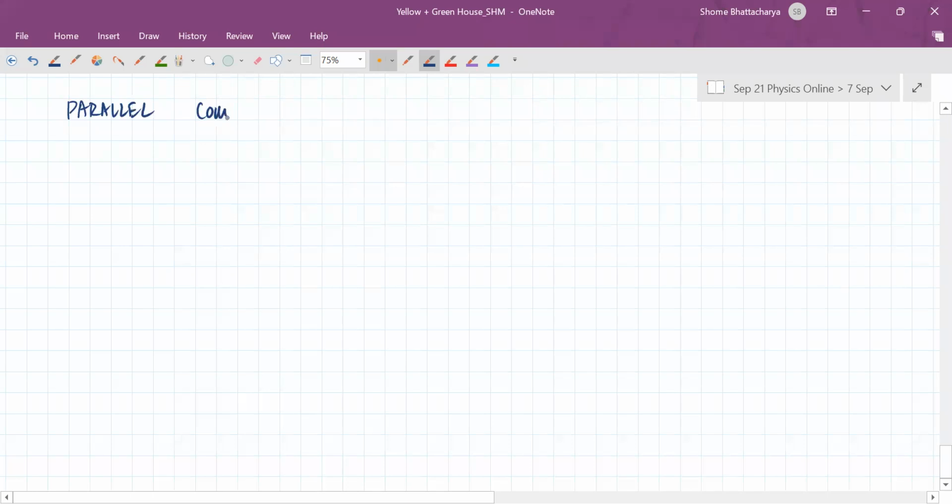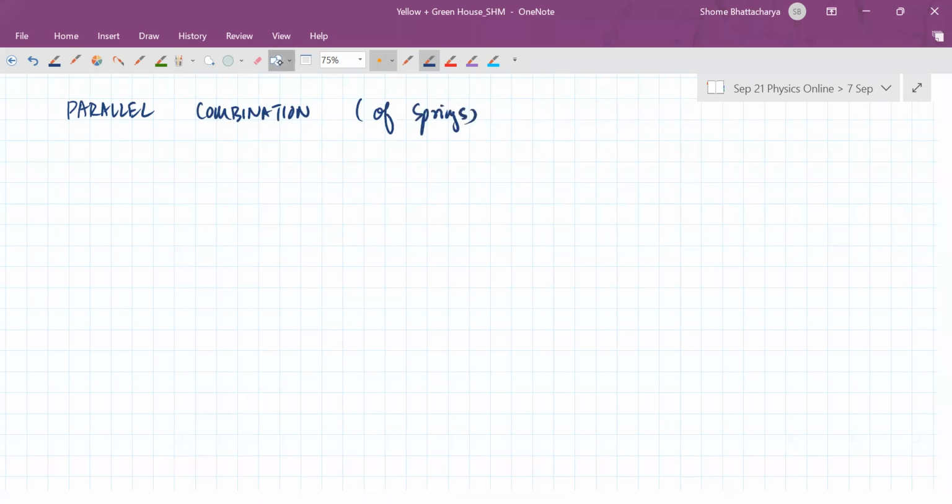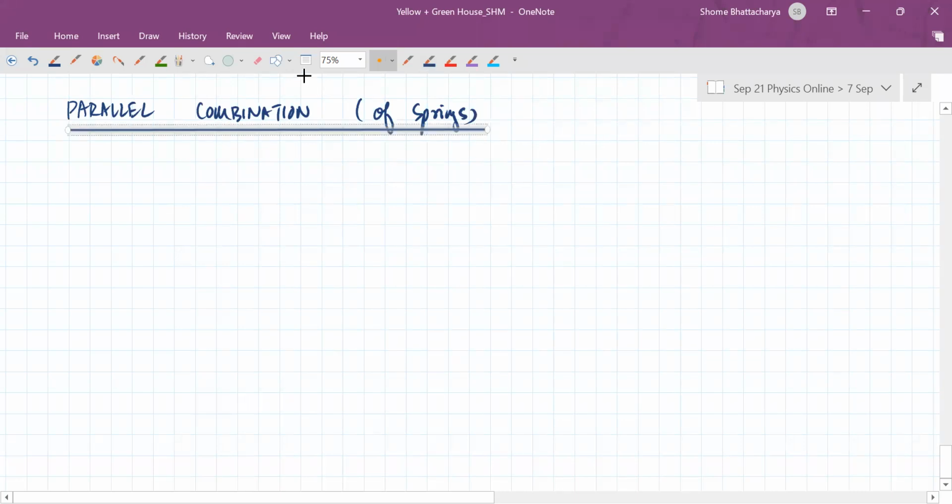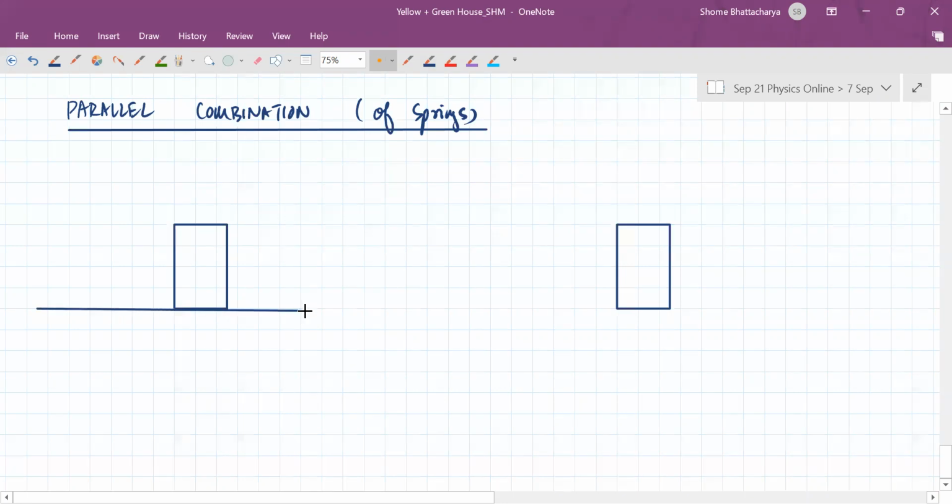So parallel combination of springs. There are actually two types of arrangements possible. In this particular question that we did above, we utilized one arrangement, but I'll show you both of them here. So one arrangement of a parallel combination would be like this.